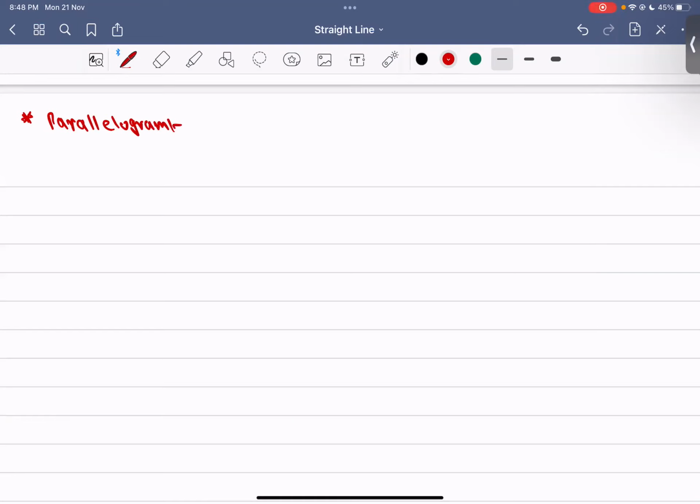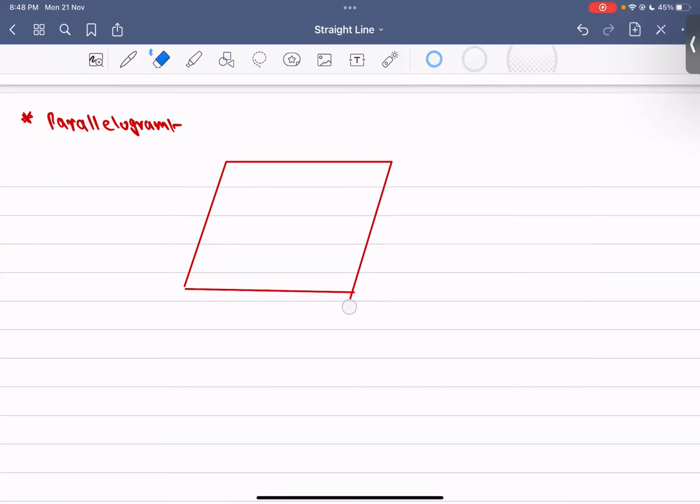So see, now in this diagram, suppose this is A, B, C, D. When we say the quadrilateral is a parallelogram, it means suppose this angle is some alpha, this angle is beta, then this angle will be alpha, and this angle will be beta.